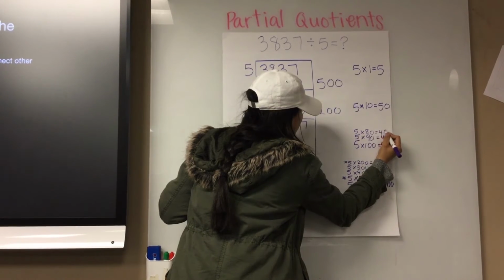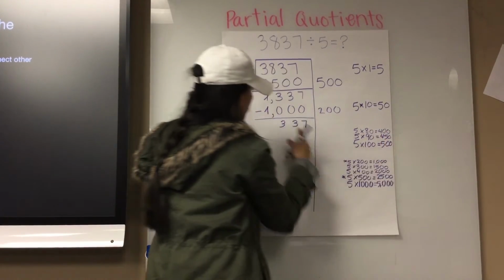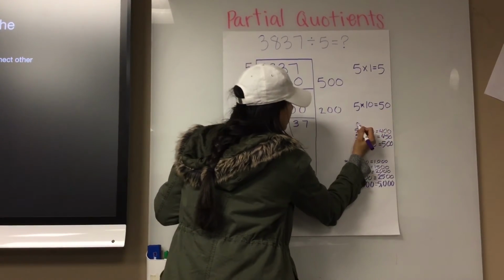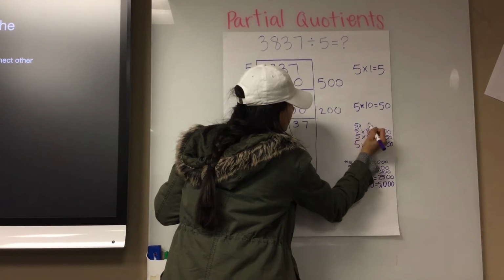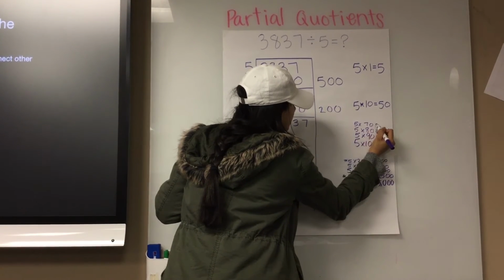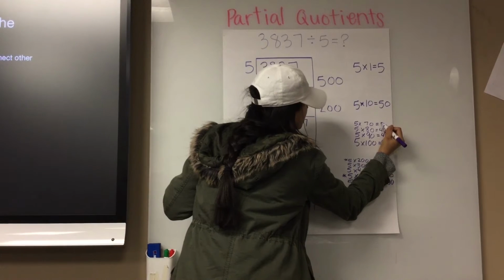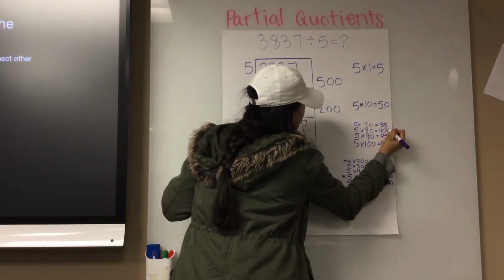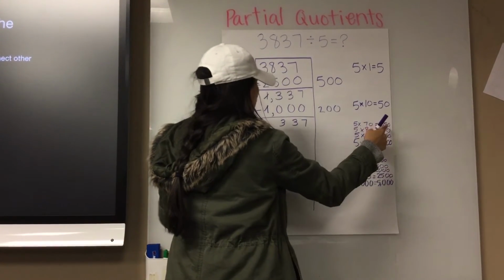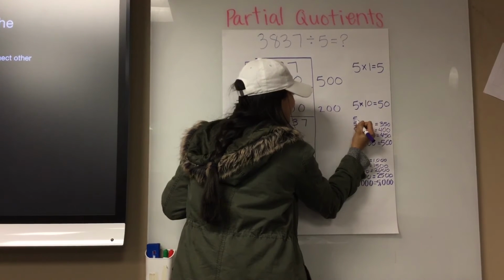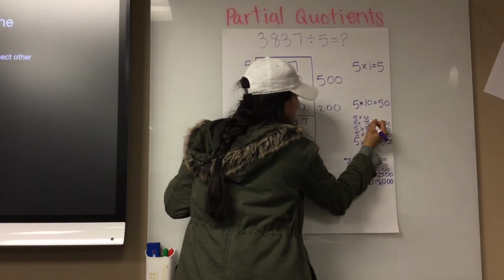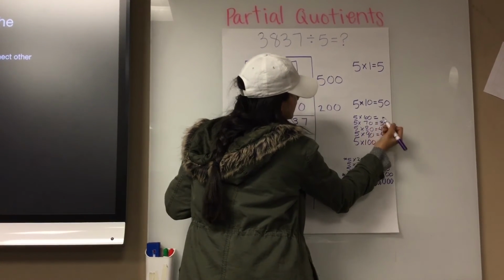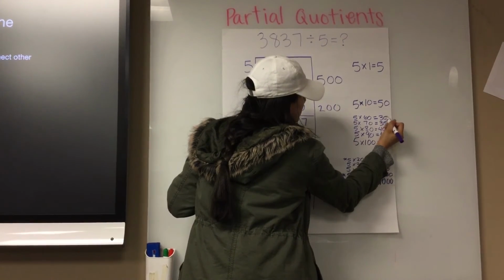That still won't fit. 5 times 70 equals 350. That still won't fit. 5 times 60 equals 300. So that will fit.